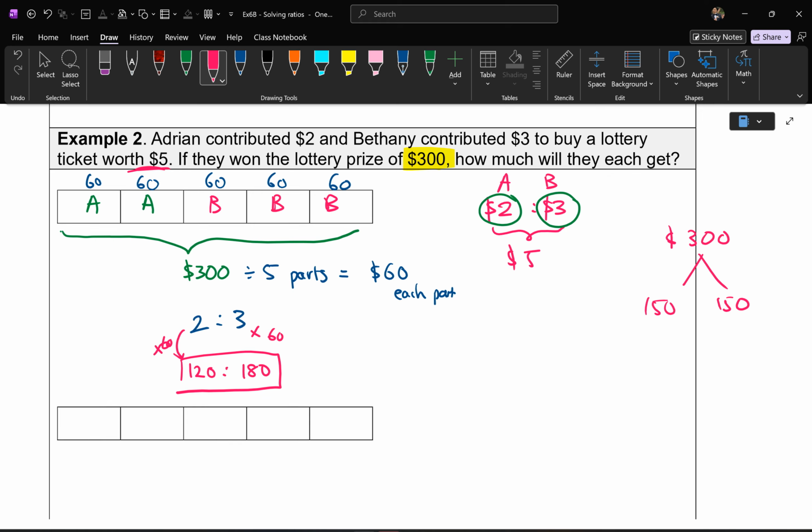Okay, question? What's wrong with Adrian just paying Bethany $1 and then they split it equally? Oh, because that's after they won. But if they didn't win, I guess Bethany could earn so much more. Bethany would have how much more than Adrian right now? So she's got 130.